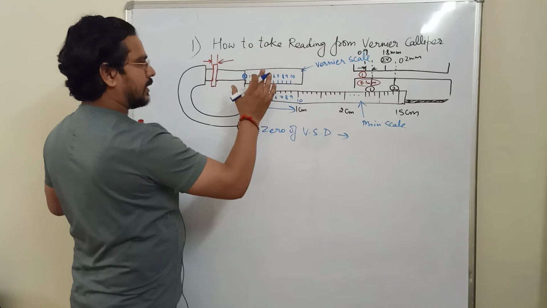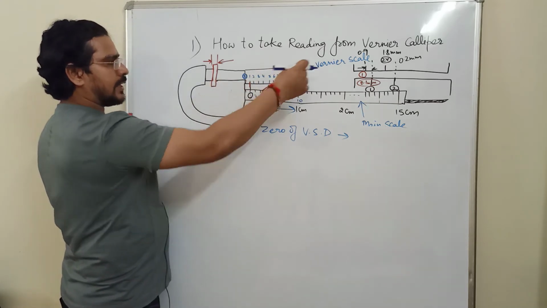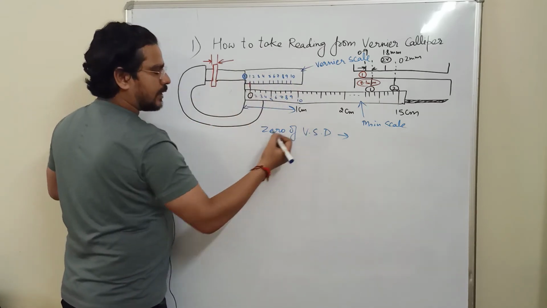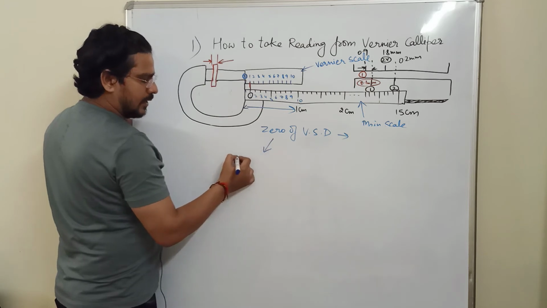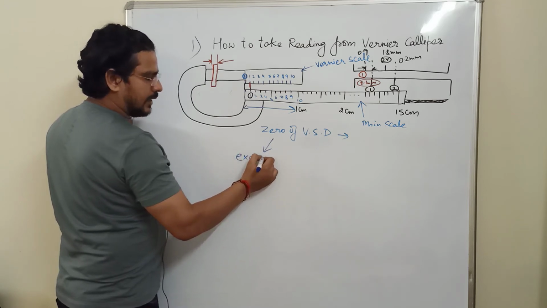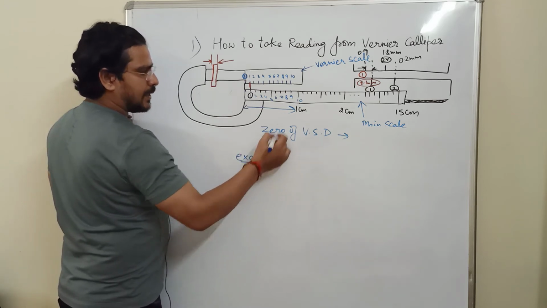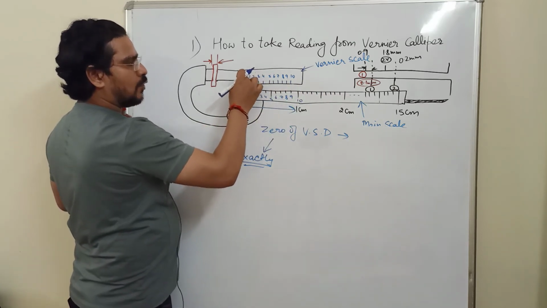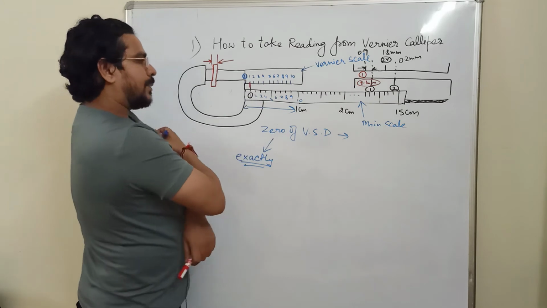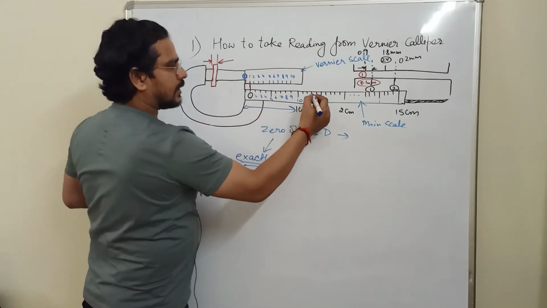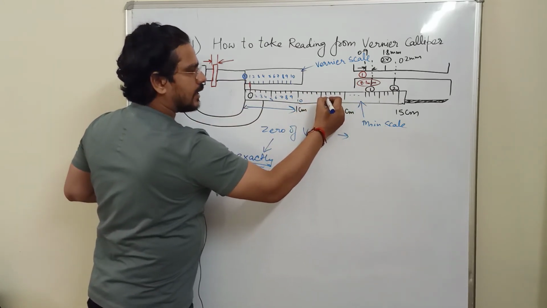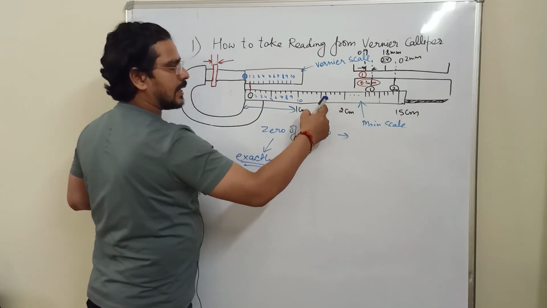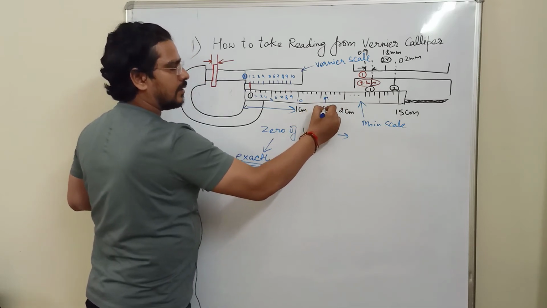When you are taking the reading of the vernier caliper, you place the object and close it, and the 0 of the vernier scale may coincide exactly with a particular division of the main scale. Let us say the device is opened so much that the 0 of the vernier scale is coinciding with the 1.6 centimeter mark, the 16 mm mark.